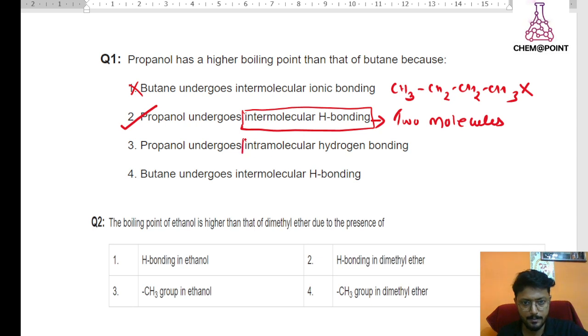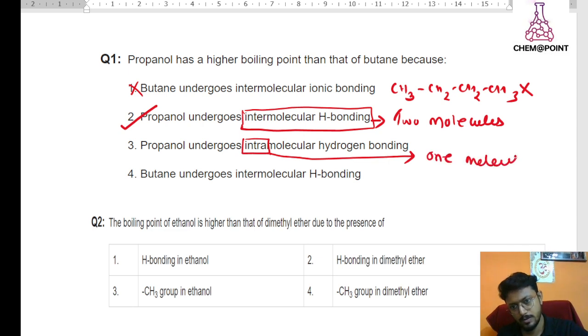Dear student, intra means same molecule, one molecule. So alcohol does not contain intramolecular H bonding. The third option is wrong.